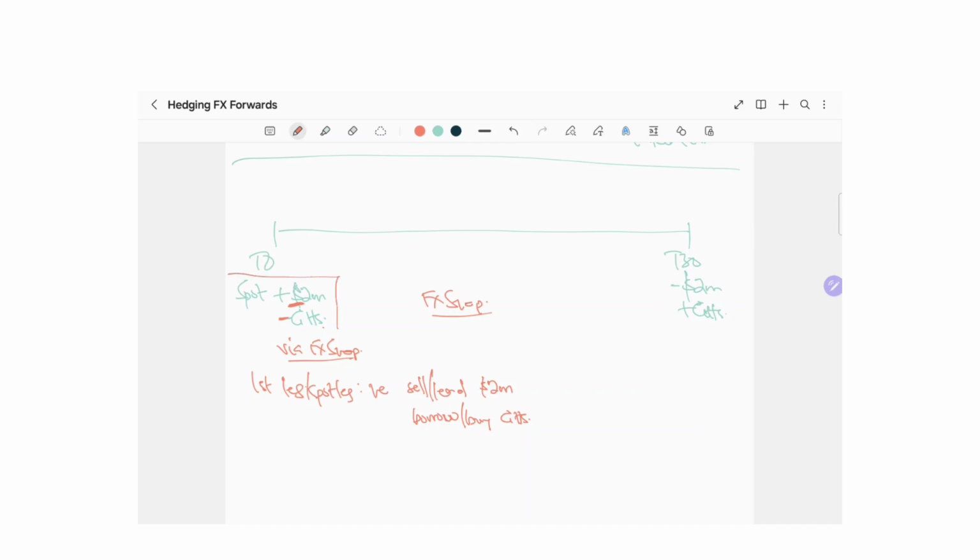Because mind you, with what you've done in this leg, you have received dollars. You don't need the dollars today, so you're going to lend it for the 30 days. Now this CD, you doing the spot deal, you sold CD, but you don't have the CD, so you have to borrow or buy the CD also for 30 days.